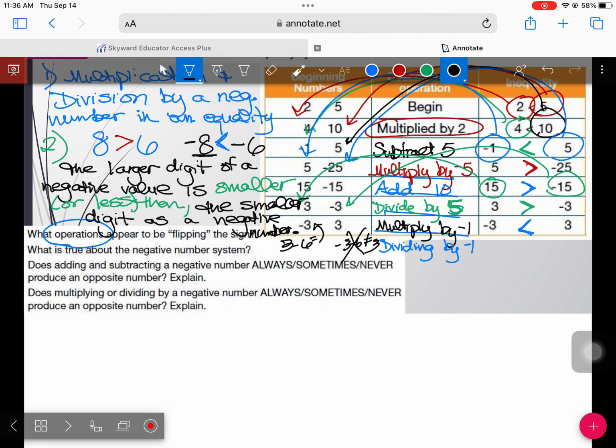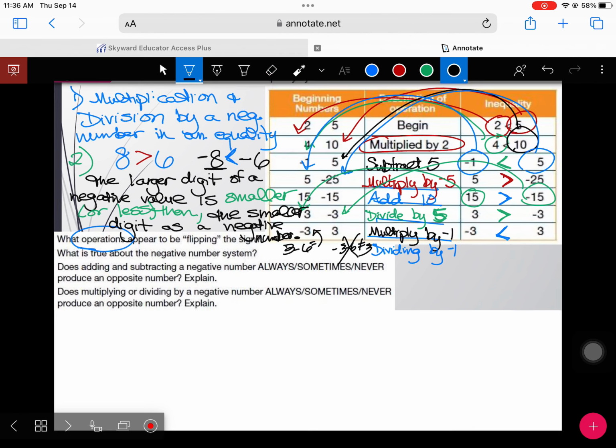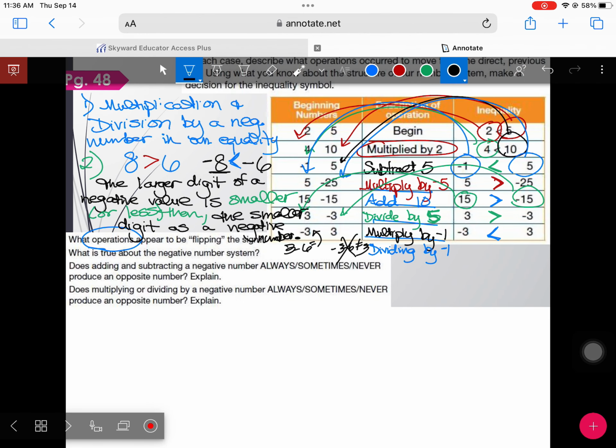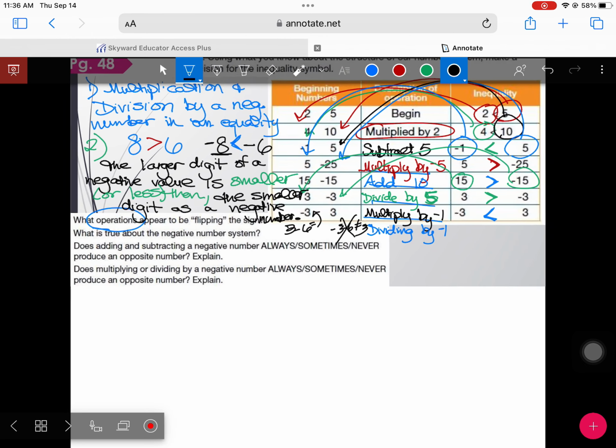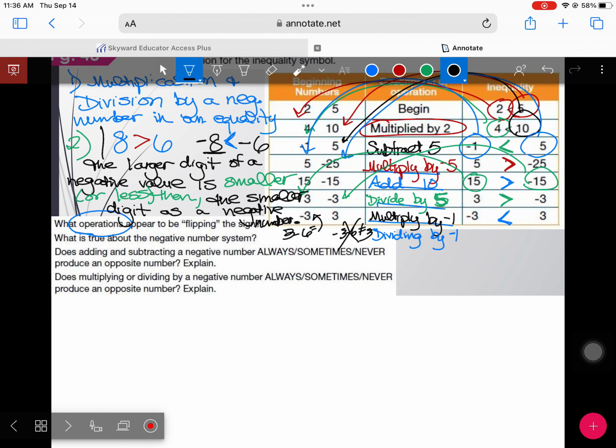All right, so does adding and subtracting a negative number always, sometimes, or never produce an opposite number? I heard one sometimes. What'd you say? Sometimes?